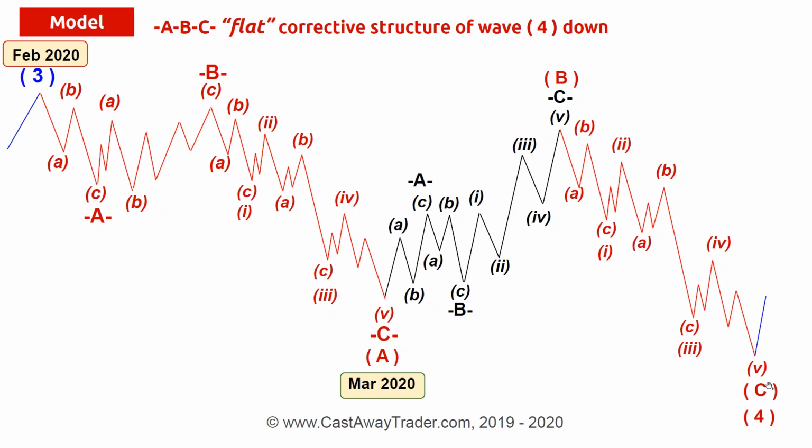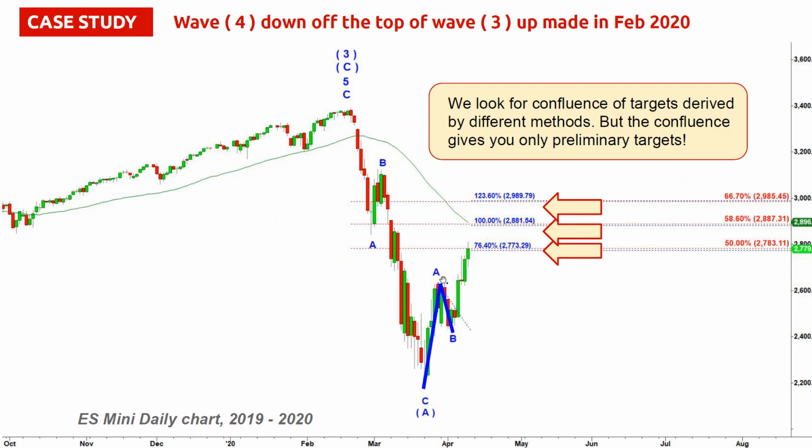Then we need to identify that ABC up inside that corrective wave B, and it's not very difficult. So basically we can easily identify A up followed by B down, and that means we are somewhere in the final subwave C of that wave B. What I mean is that if this was done and that was done, then we are somewhere here.